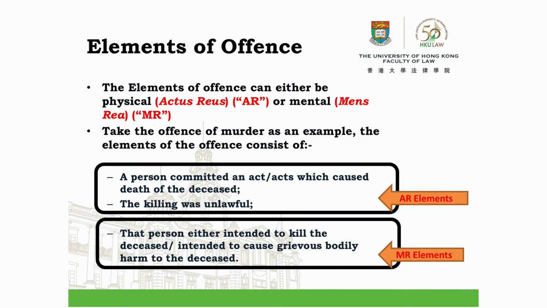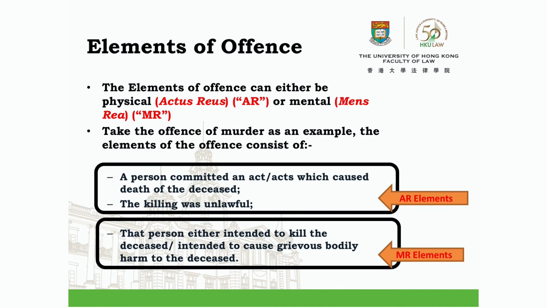So it's only when the prosecution can prove that a particular person has committed all the elements of offense, including actus reus and mens rea, of a particular criminal offense, then that person can be convicted of that particular criminal offense. All right. So I know it's a bit abstract, so I'm going to use murder as an example to show you the differences between actus reus elements and mens rea elements.